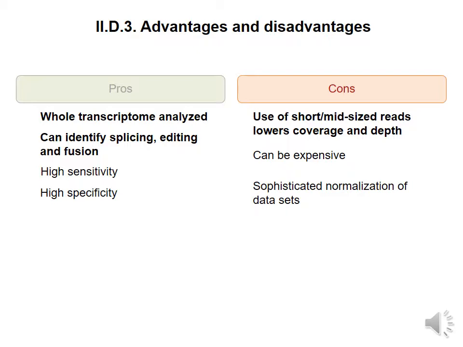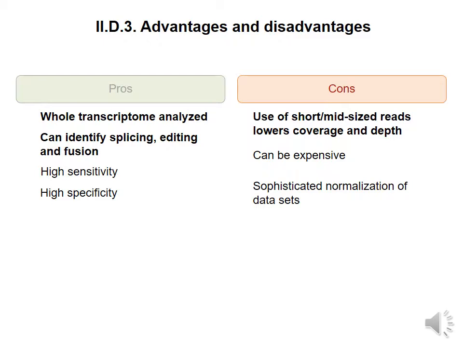Now, pros and cons of using RNA sequencing. Well, some of the cons is that the use of short or mid-sized reads lowers coverage and depth of the analysis, and this is certainly something that Illumina and other platforms are working on to improve, this problem of having really small, short or mid-sized fragments.